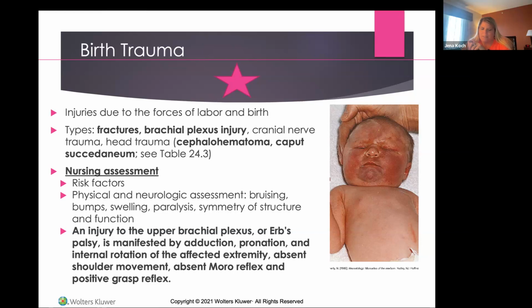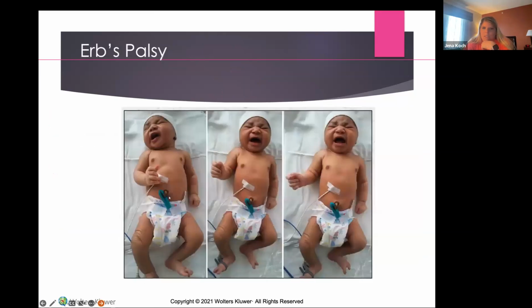Absent shoulder movement, absent Moro reflex on the affected side, and a positive grasp reflex. If you look at this image, you can see how the right arm and hand is being raised, and the left arm and hand is flat. They're still moving the right side, but the left side is not moving at all.